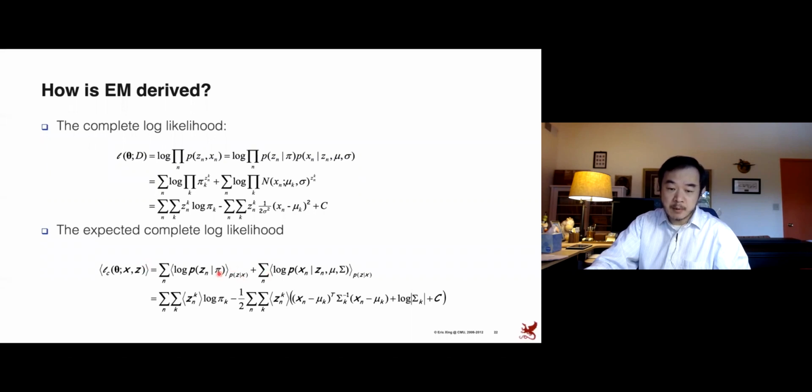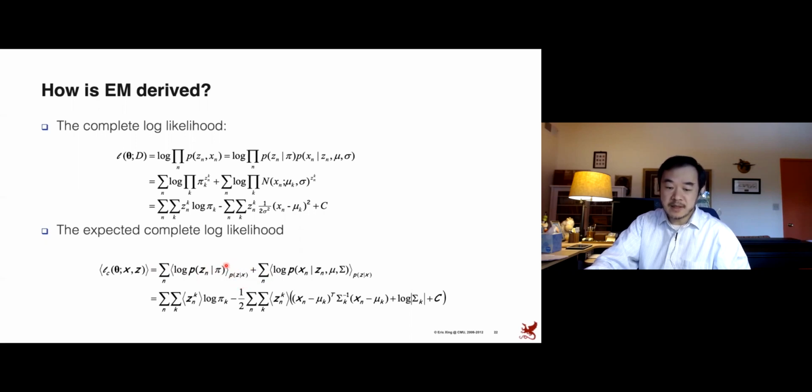So here I'm going to take an expectation of this random log complete likelihood over a distribution of Z given X. I choose the distribution to be P of Z given X, which is the posterior of the hidden unknown label given the observation. So this is always well-defined, and we know that we have a way to compute it.